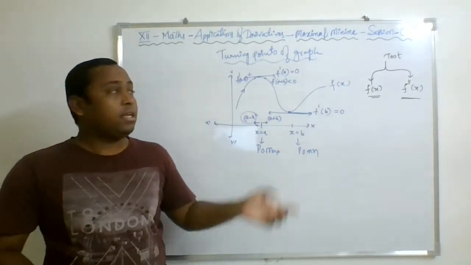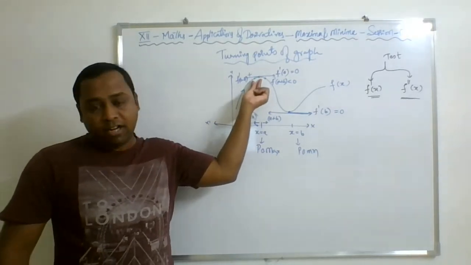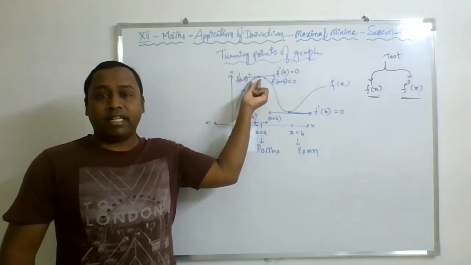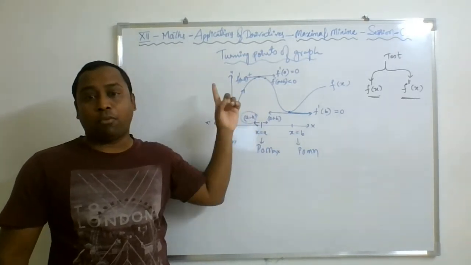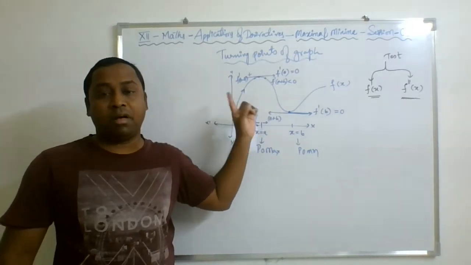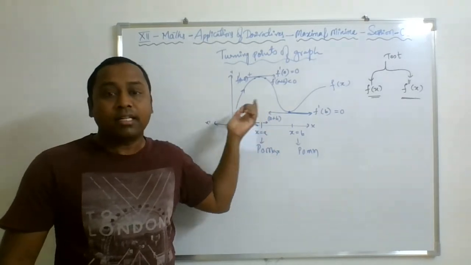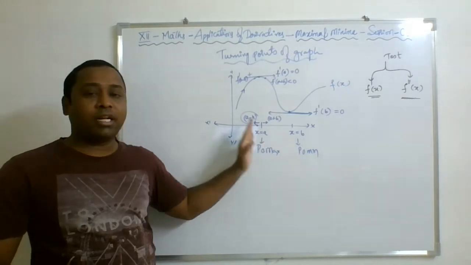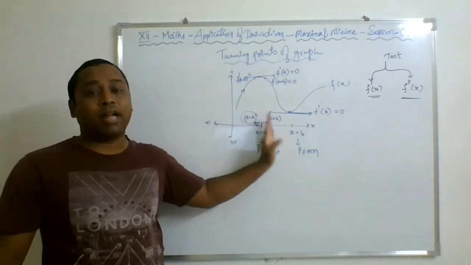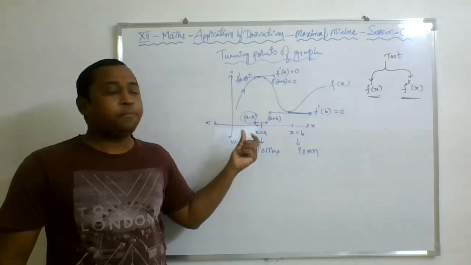I repeat, first we find the turning point simply by taking the derivative. Then we decide whether that point is a point of maxima or minima by taking two points, one on the left side of this point and the other on the right side.